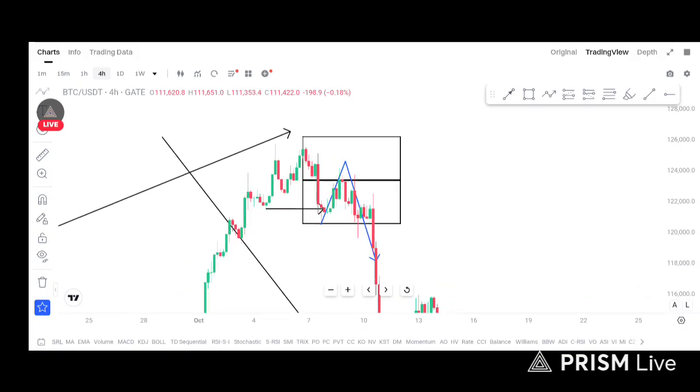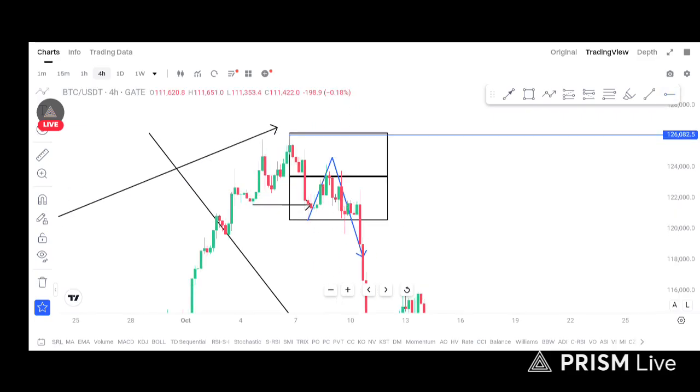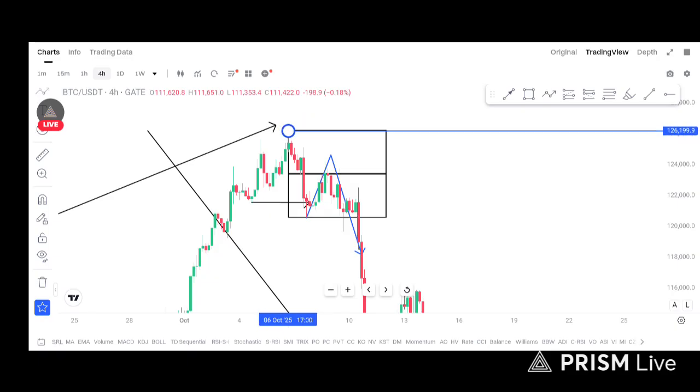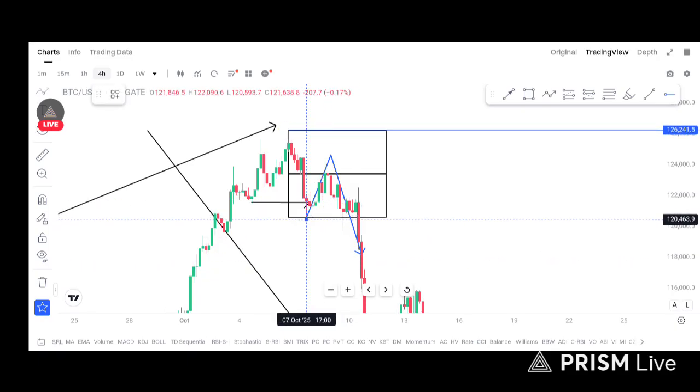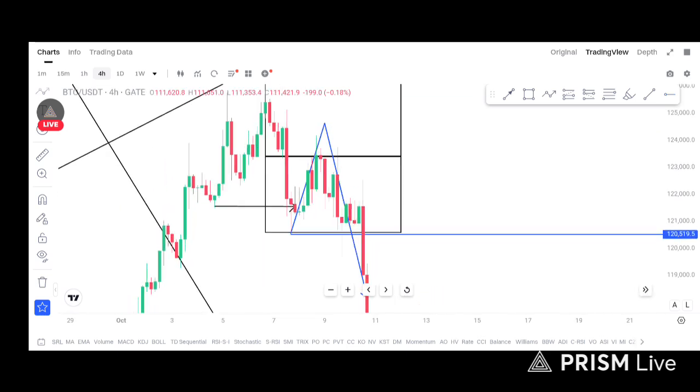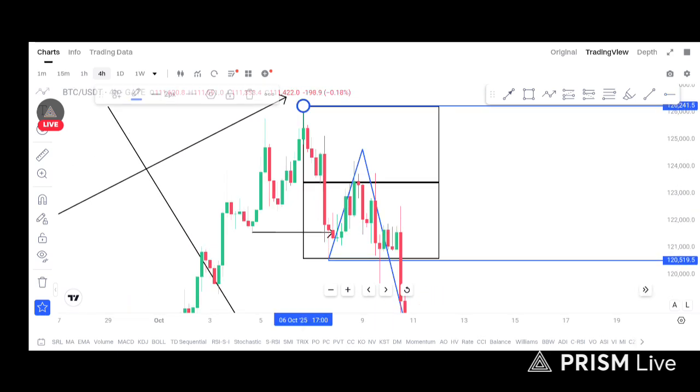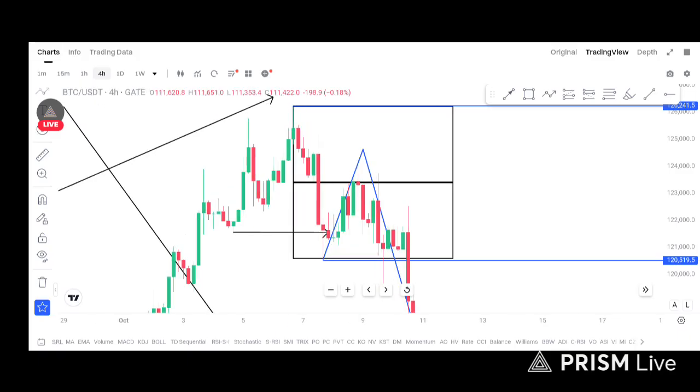Okay, so what do we do now? We mark out this highest point so that if you go to the lower time frame, we don't get confused of where we are looking, and mark out the pullback low there, because this is the high and this is the low of this movement, right?